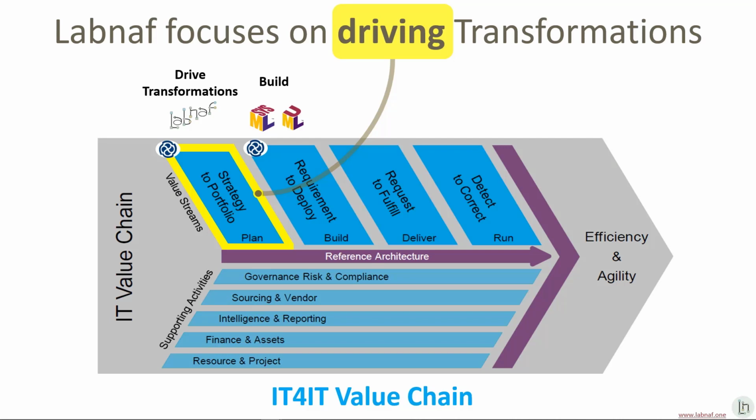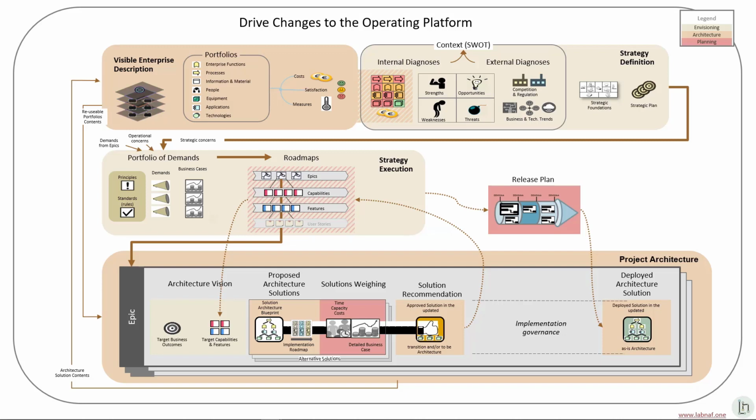IT for IT called this first step strategy to portfolio. This is an overview of the Labnaf process for driving transformation. If you want to know more about the process, there is a 9-minute video on the Labnaf channel on YouTube. It explains it step by step.